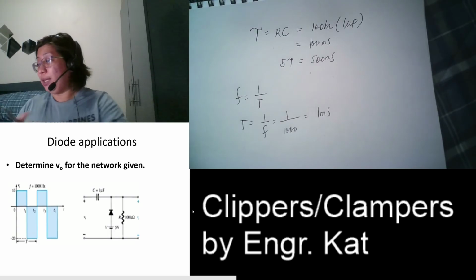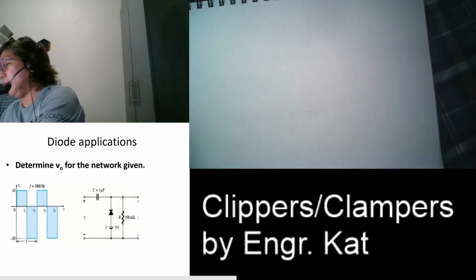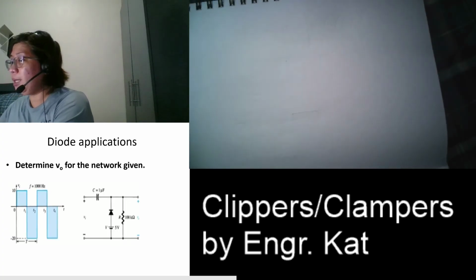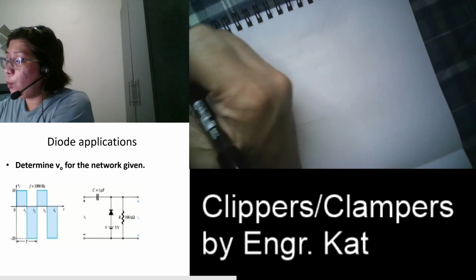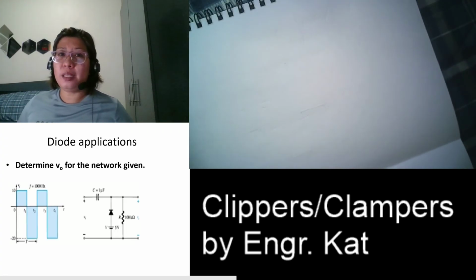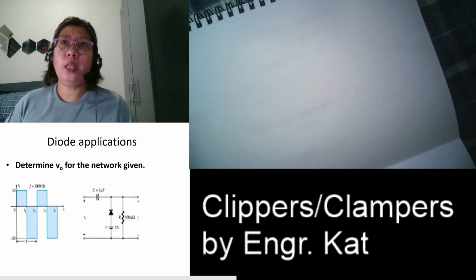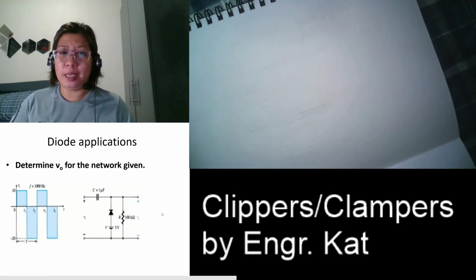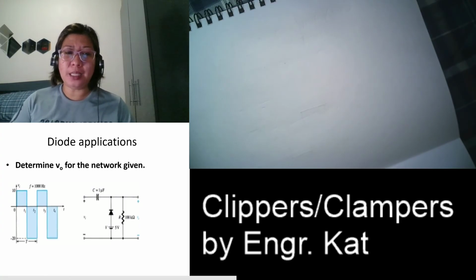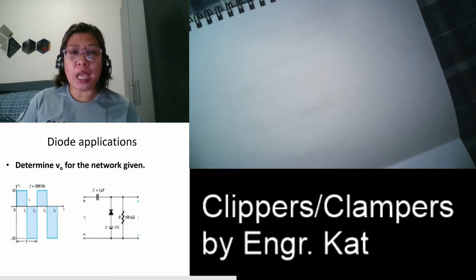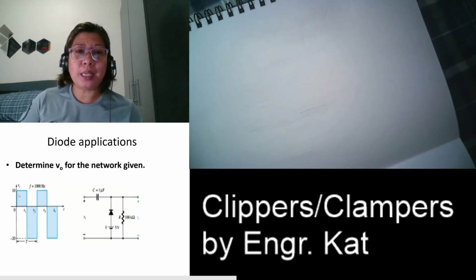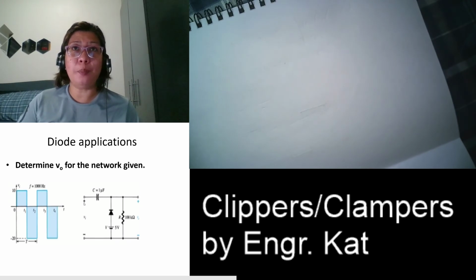Okay? So, let's start. Step 1. What does it say in step 1? We start the analysis when the diode is in forward bias. Okay. So, analyzing this one, during the positive half, we can say that this is anode and this is cathode.